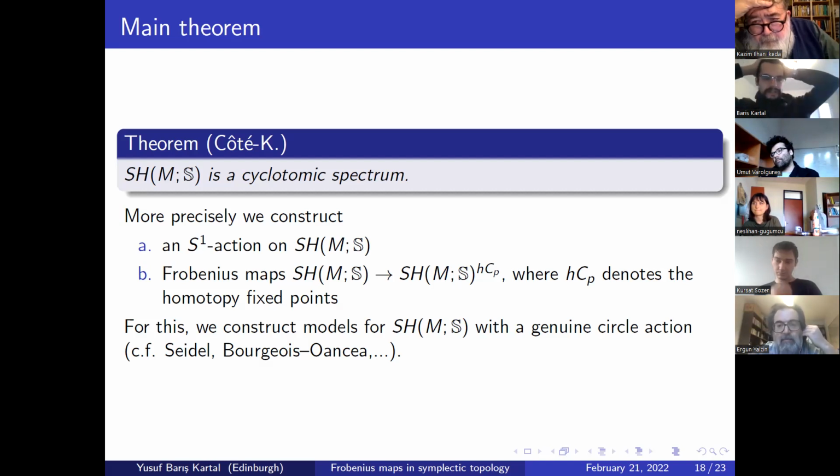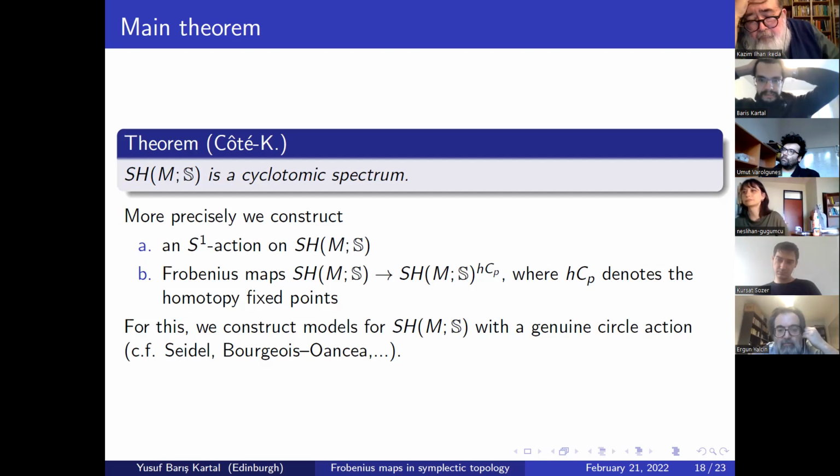Initially, we thought that we actually had a genuine cyclotomic spectrum, but the S1 action is genuine, while the cyclotomic spectrum is not genuine in the sense that we don't identify SH with the TP homotopy fixed points.